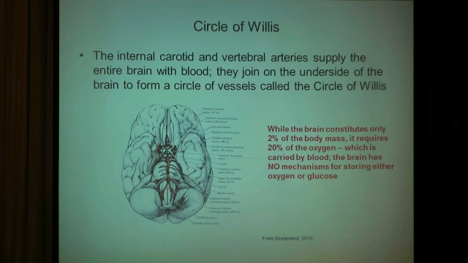So they're really energetic, you know, they're like the little Energizer bunny, okay? So 20% of all the oxygen that you breathe in has to go to your brain to keep it alive and functioning. The brain has no mechanism for storing oxygen or glucose. If you're metabolically active, like you do a lot of aerobics or whatever, you utilize more glucose as well.